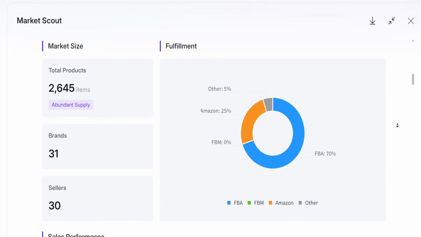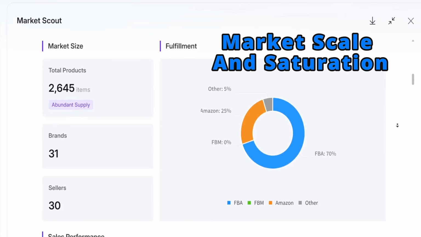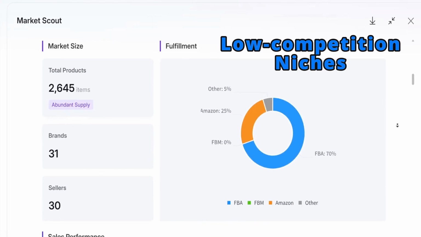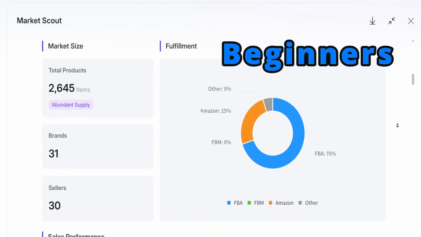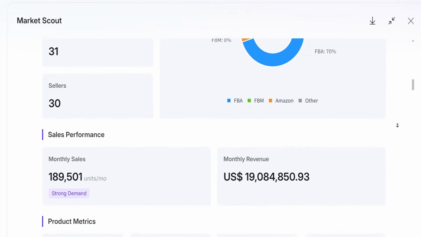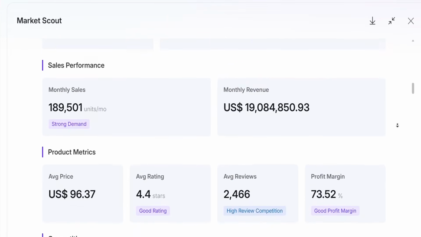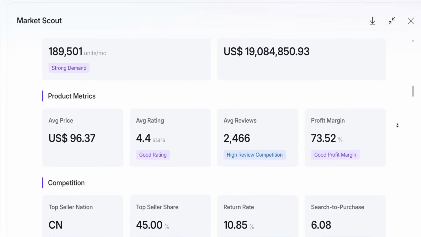First, market size. This shows you market scale and saturation, steering you away from overcrowded categories toward low competition niches where beginners can easily rank. Second, sales performance. This tracks transaction velocity and search trends, instantly filtering out slow-moving items to prove real, active consumer demand. Third, product metrics.